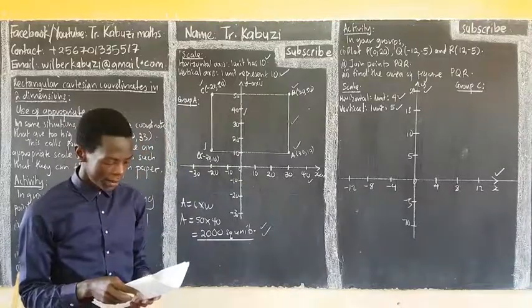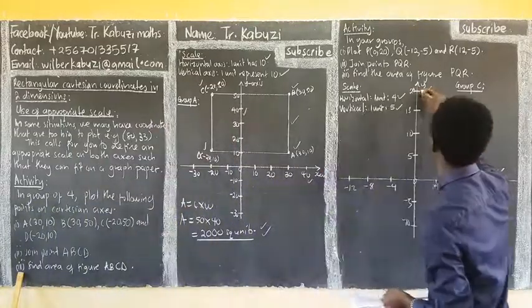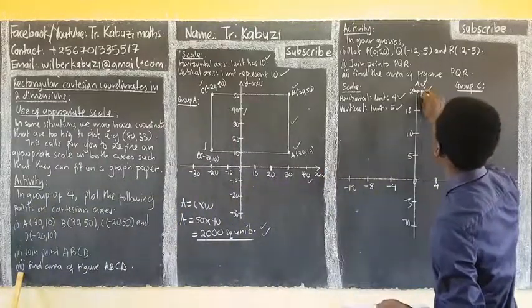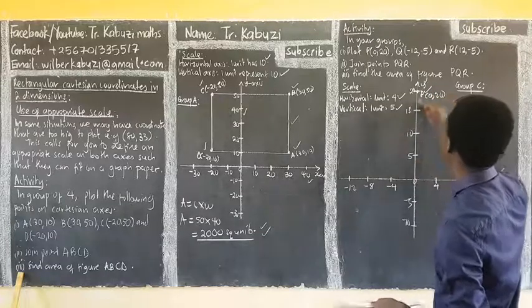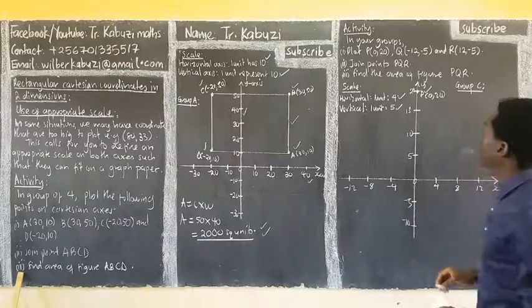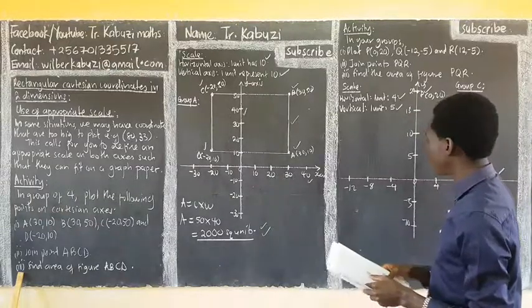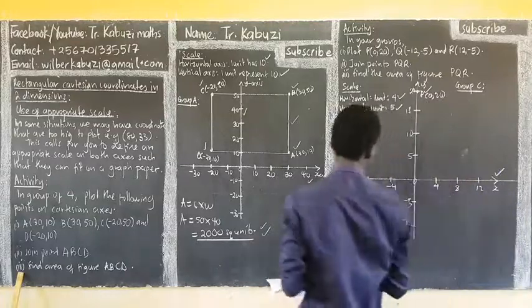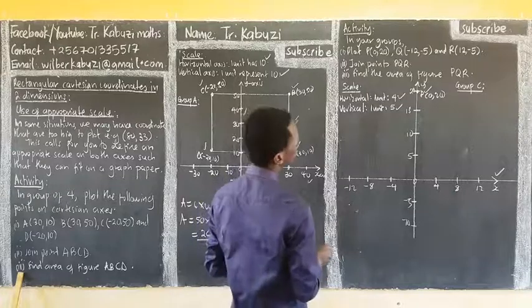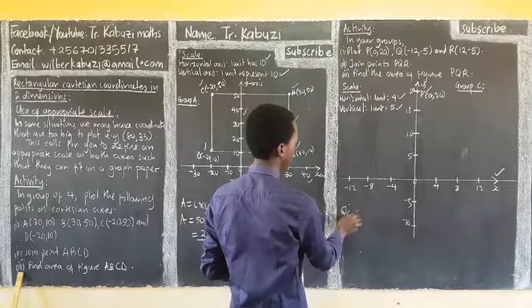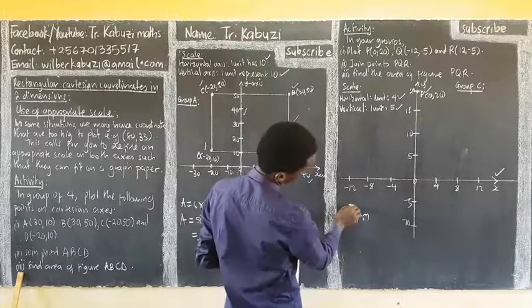Now plotting. They have their point P here, at x = 0, y = 20. Then their Q is here, at -12, -5.